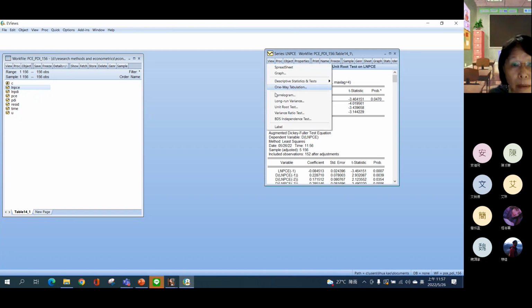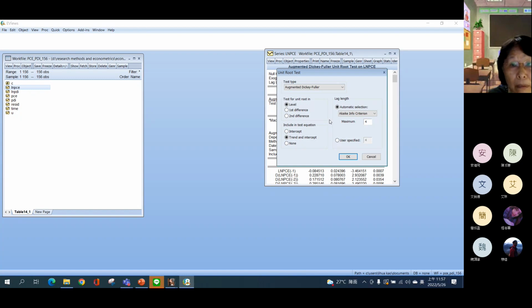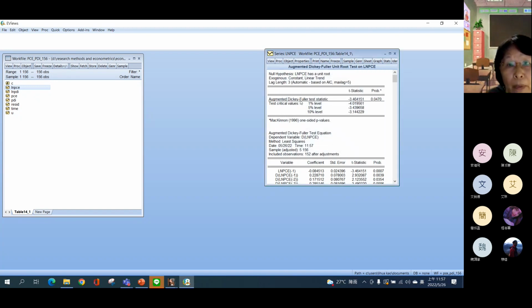Maybe I'll try higher. How about 5? You know, sometimes you need trial and error. If I use 5, the result is the same as 3. So in other words, if I use a longer lag, the result will be the same.